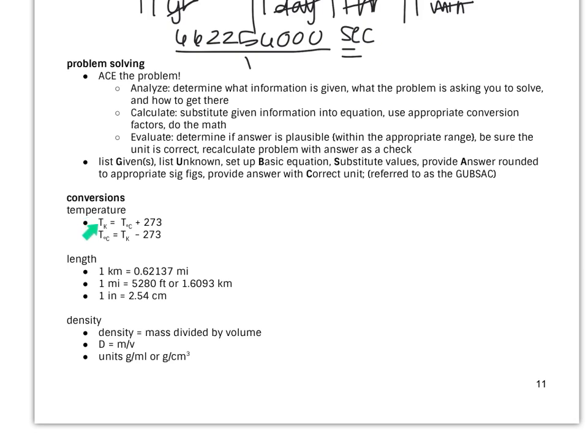So if we're trying to find the temperature in Kelvin, we have what it is in Celsius, and then we add 273 degrees.